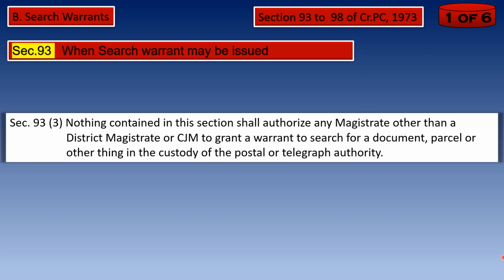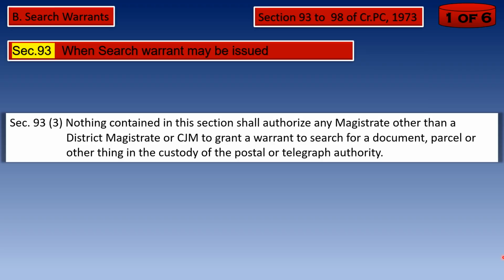Before I move to the next section, it is important for me to inform that the court has discretion to issue a search warrant. However, the magistrate must apply his mind and give reasons. Mere suspicion is no ground for the issue of a search warrant.